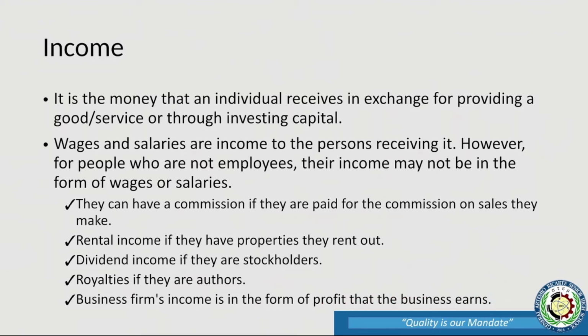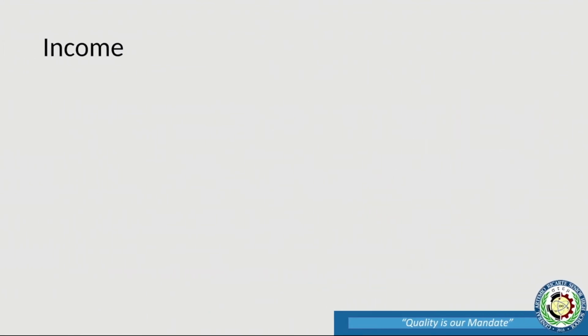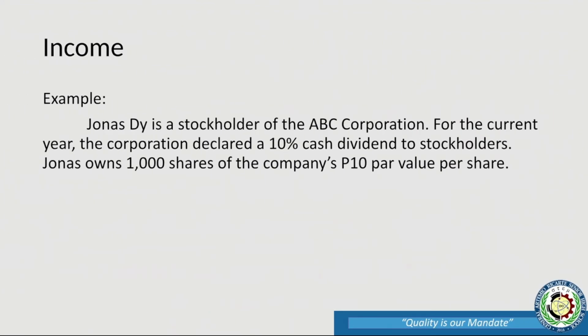Now, let's have an example for this. Jonas D. is a stockholder of the ABC Corporation. For the current year, the corporation declares a 10% cash dividend to stockholders. Jonas owned 1,000 shares of the company's 10 pesos par value per share.